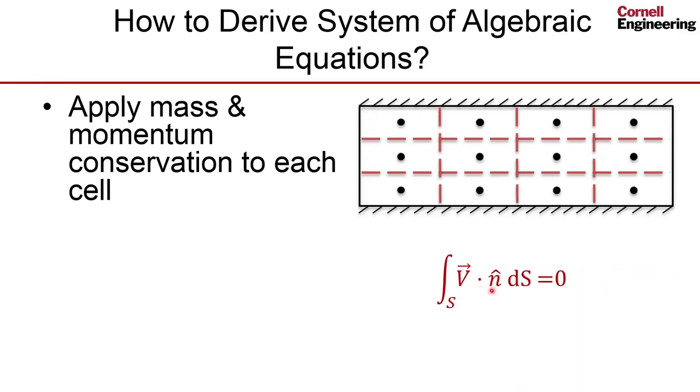Let's say we do that for mass conservation, so that's the integral form of mass conservation. We need to know what is the net volume flow out of that cell. Let's ignore the equation right now and just do this based on physical arguments. We want to know the rate of volume flow out of each of these segments of the control surface. Let's take a look at this particular segment.